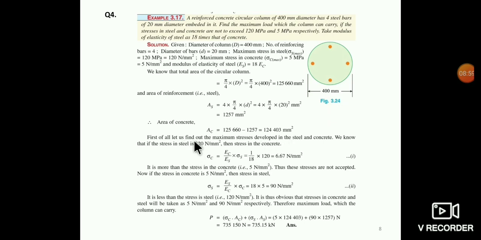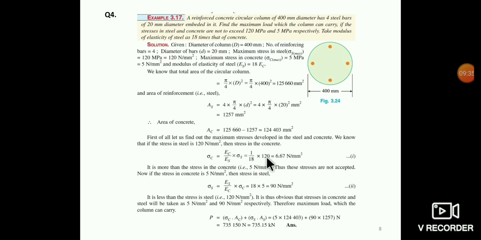So first of all, let us find out the maximum stresses developed in the steel and concrete. We know that if the stress in steel is 120 Newton per mm square, then the stress in concrete is given by the formula sigma C is equal to EC upon ES into sigma S. Now ES value was 18 times EC, so here it is inverse, so we write 1 upon 18.